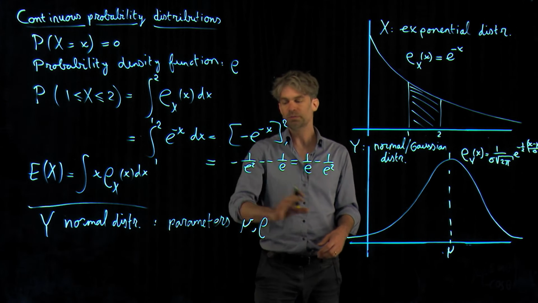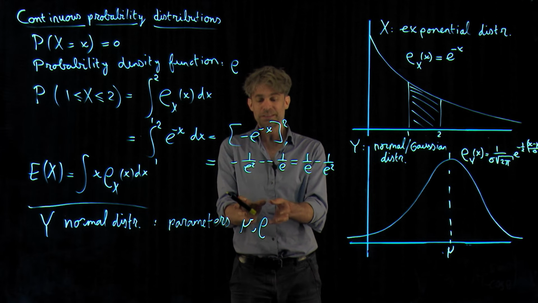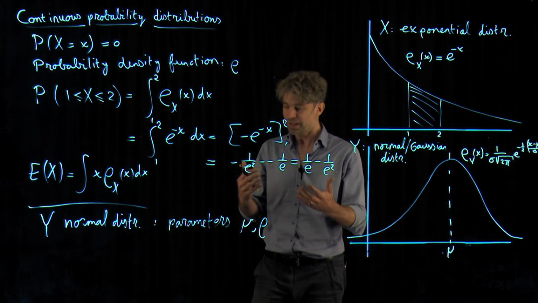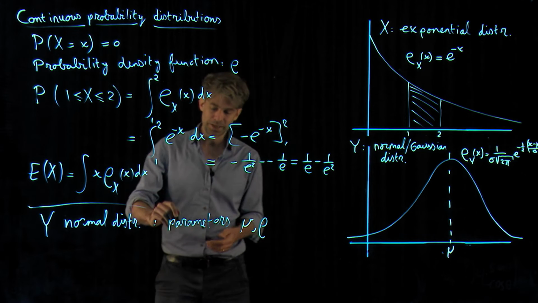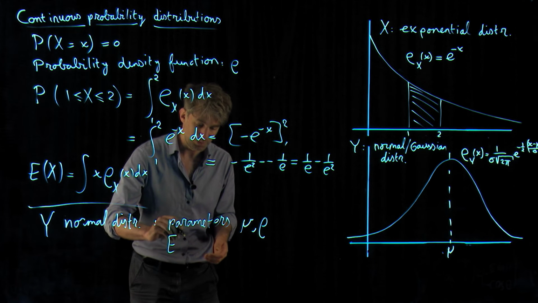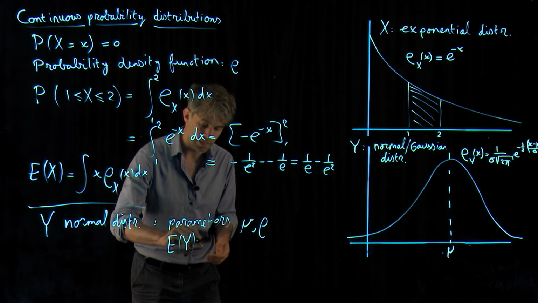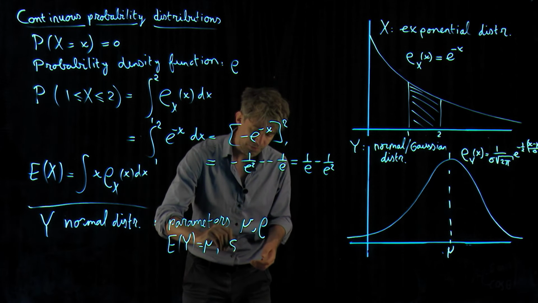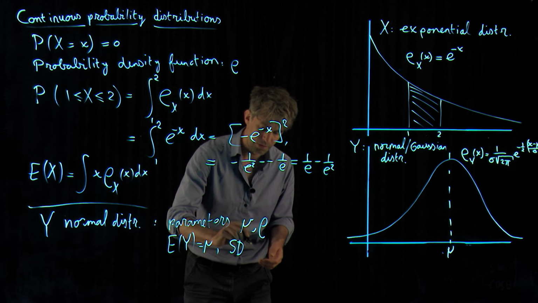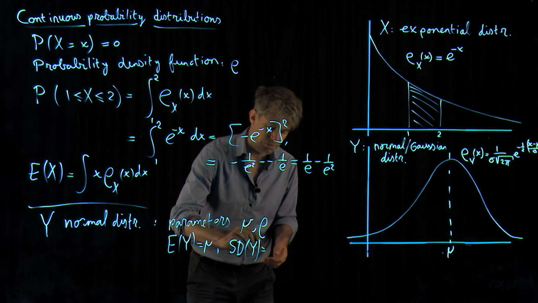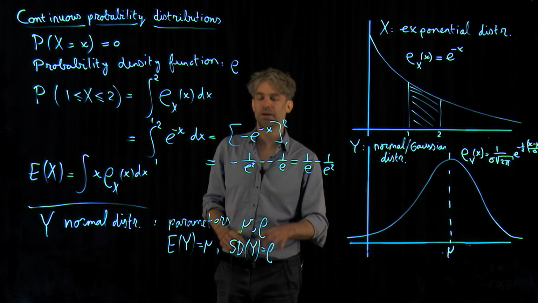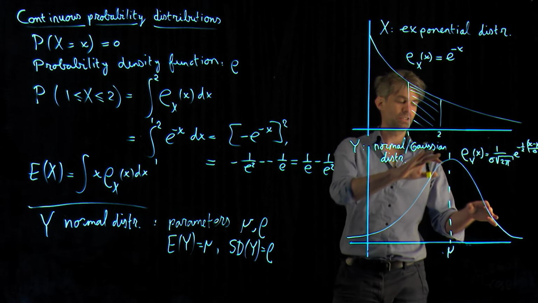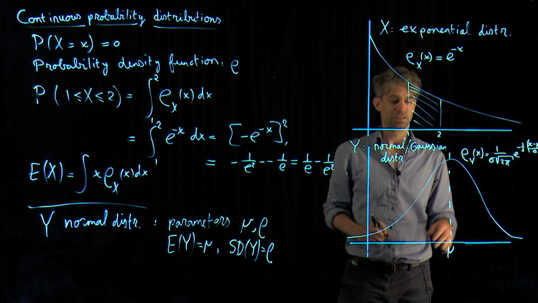And actually there's a very nice and simple interpretation of this. I'm not going to make the computation, but mu is the expectation of y, and rho is the standard deviation of y. So pretty important parameters, and they determine the shape of this, again, a very famous graph.